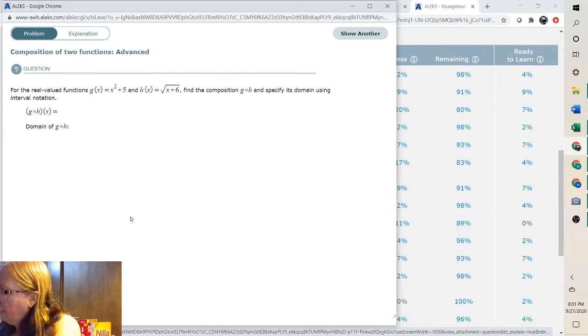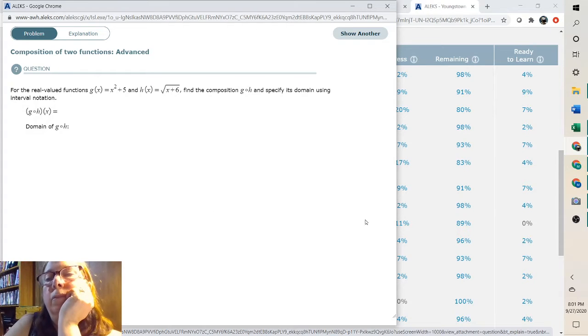So we're just taking this and plugging it in here. And then we can square this because you do want to simplify them. The square root squared is just x plus 6, plus 5, or x plus 11.